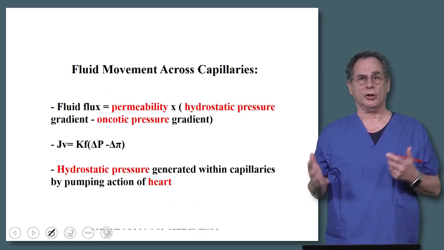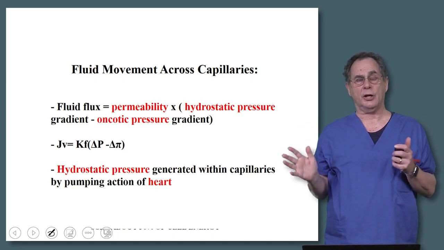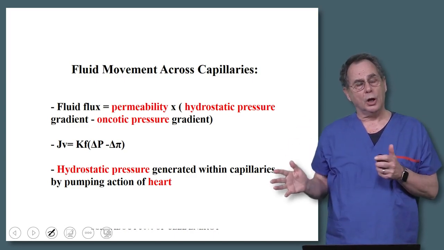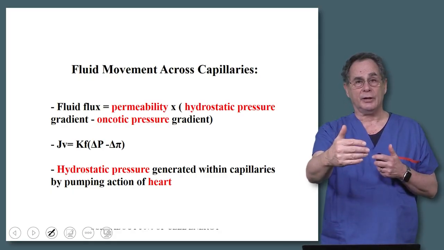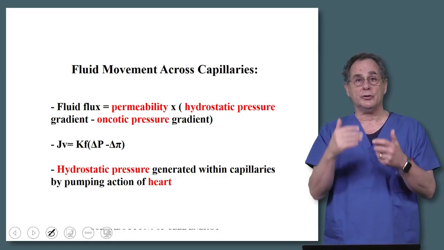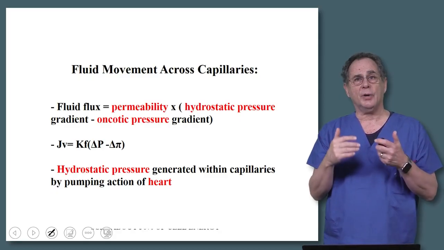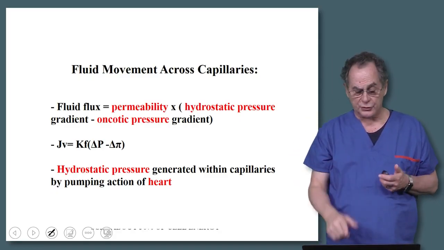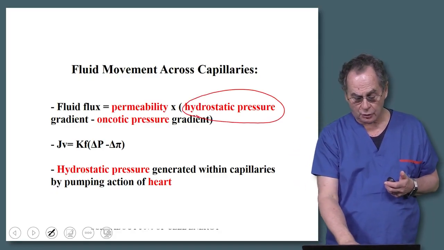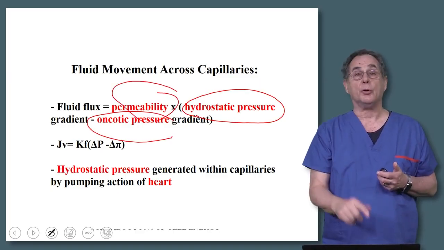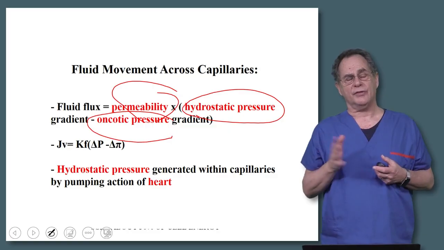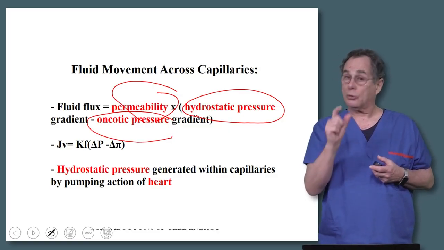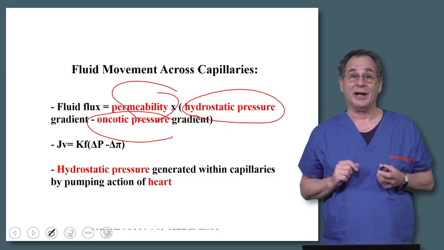So fluid movement across capillaries, said another way, water movement across capillaries from the interstitial space to the capillary lumen, or from the capillary lumen to the interstitial space, is conferred by Starling forces, the hydrostatic pressure, the oncotic pressure, and indeed the permeability of the capillary. Some capillaries will have differential permeability to water, and we're going to be talking about that in our very next lecture.